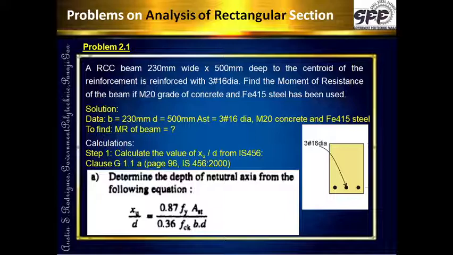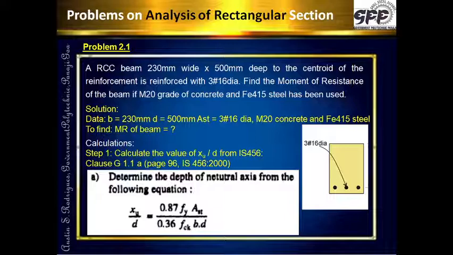Step 1. First step, we calculate the value of Xu by d, from IS 456, Indian Standard 456 2000, clause G-1.1(a) given on page number 96 of the code. Now this clause says determine the depth of the neutral axis from the following equation.